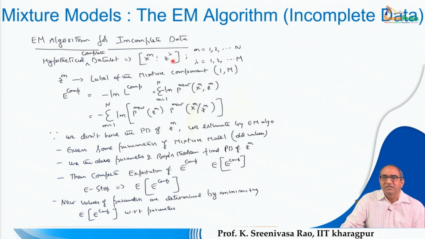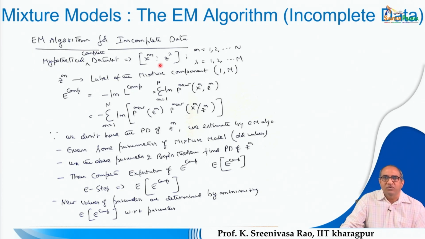Since there are M components, z_n takes M values, from 1 to M. So z_n is the label of the mixture component associated with the data vector x_n, and it will take one of the components.